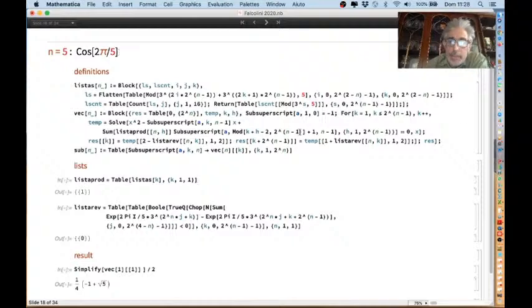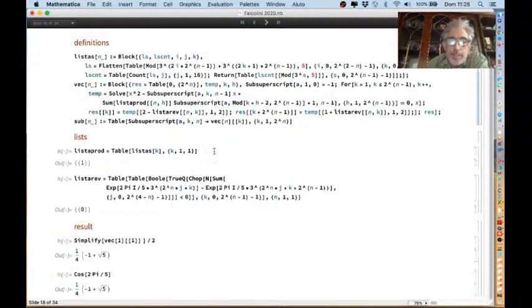A program of very few lines gives an answer in terms of a list of products, let's say, and a second list with respect to the linear combinations of such powers in this multiplicative group. So with these two lists, which are very simple for n equal to 5, we get the answer.